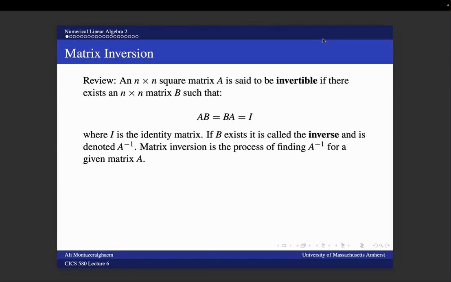If B exists, then B is the inverse, and we can show B as A to the power of -1. So matrix inversion is the process of finding A^-1 for a given matrix.